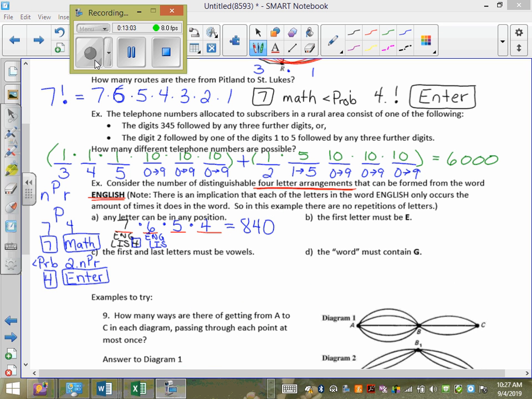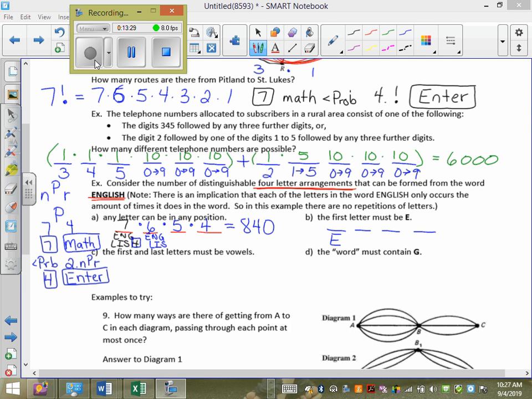Next question, we're still doing 4-letter arrangements, but the first letter must be an E. How many E's are in the word English? 1. What if it was the word peel? Then there'd be 2.